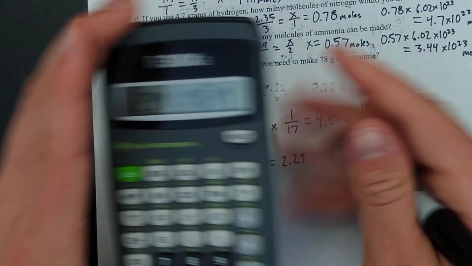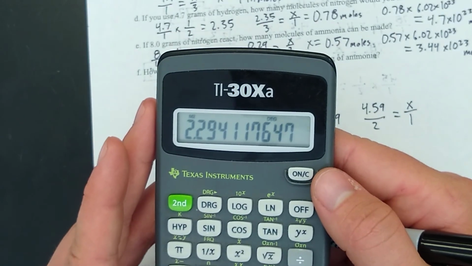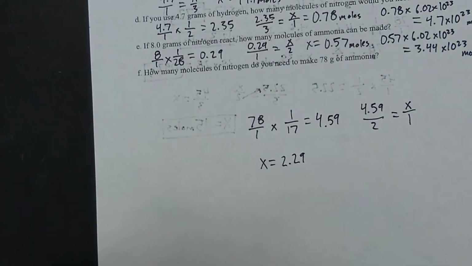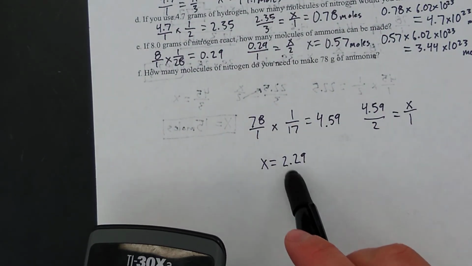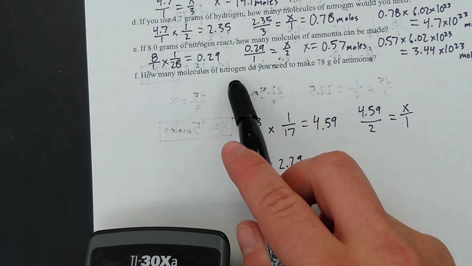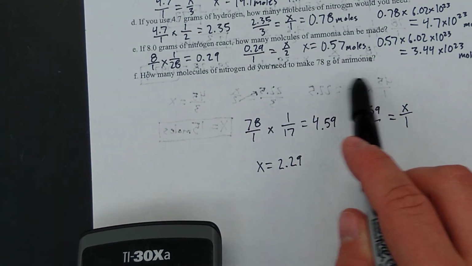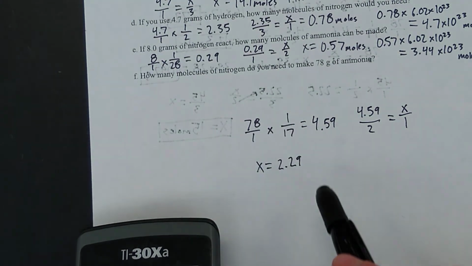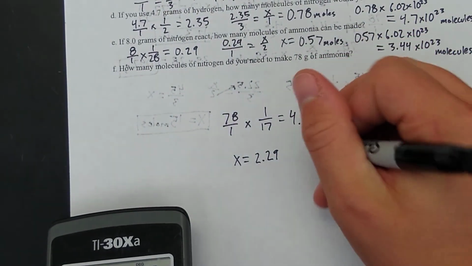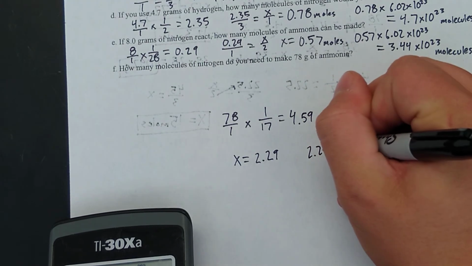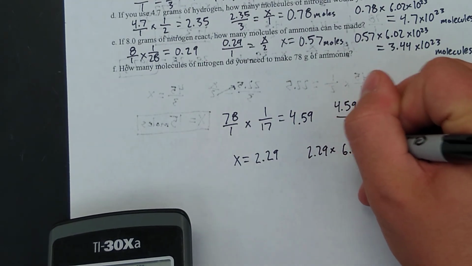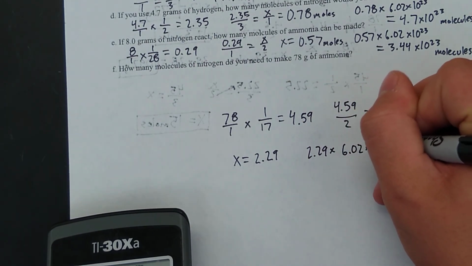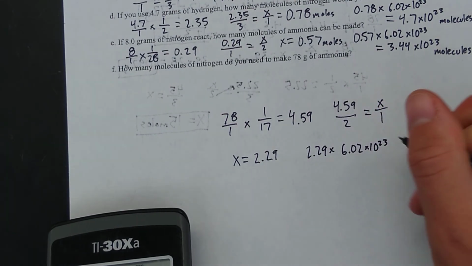We're just going to multiply this whole thing by 6.02 because it's asking for it. This right here is the moles of nitrogen from 78 grams of ammonia. And we're just looking for the molecules, so we just quickly multiply by 6.02 times 10 to the 23rd.